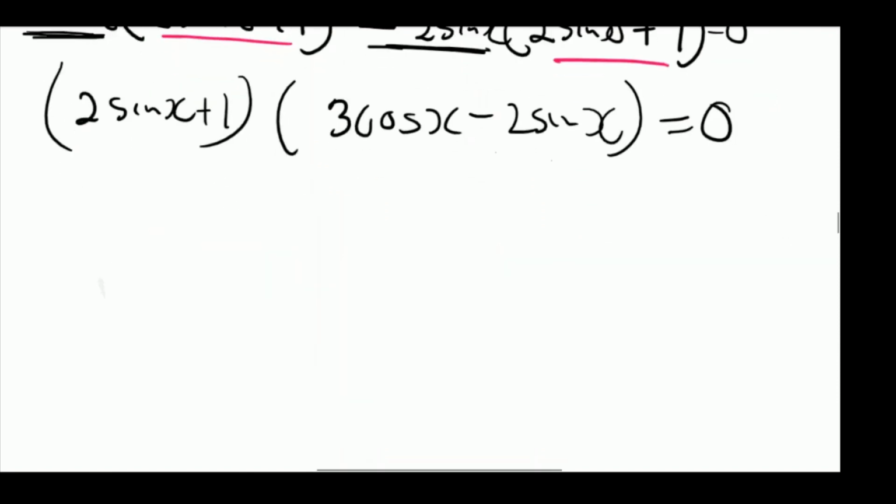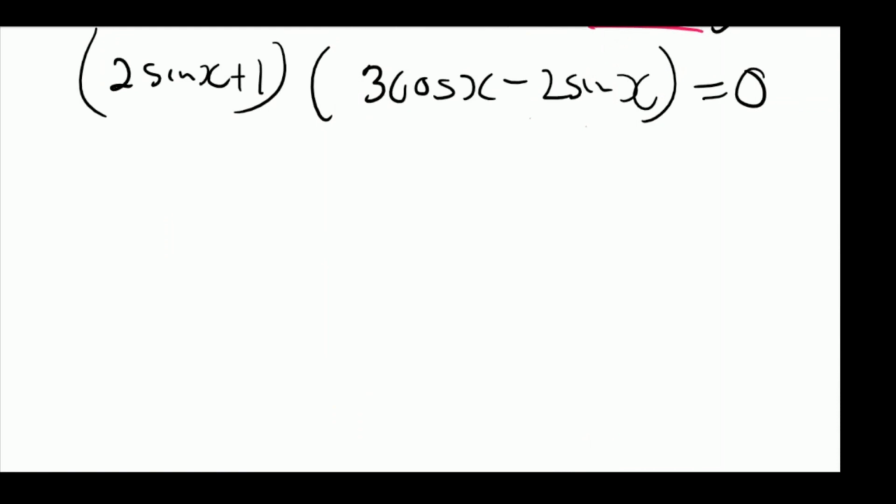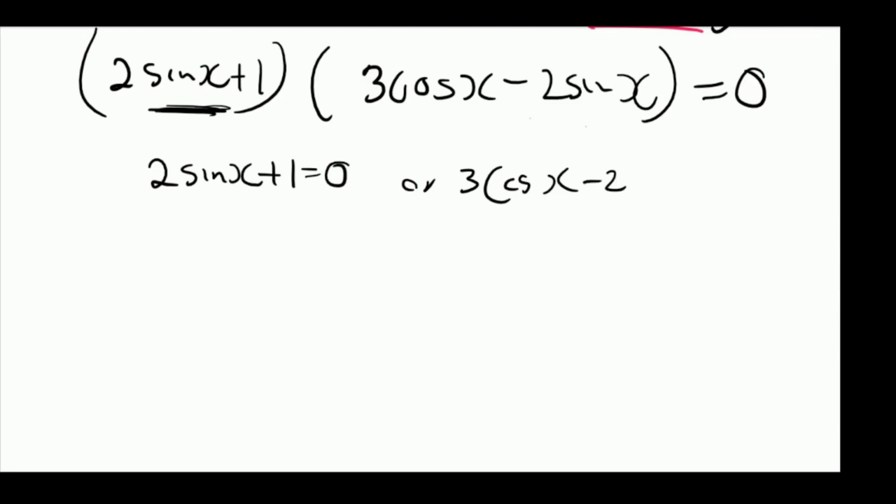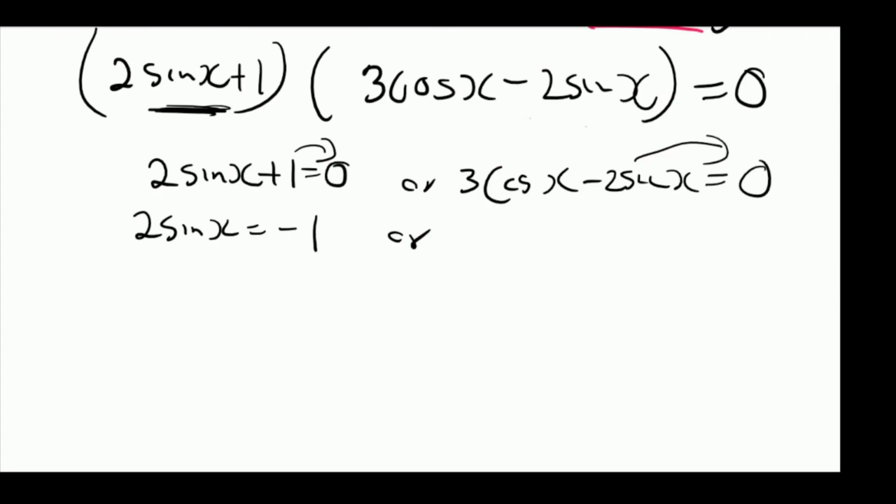Now we have this expression here. Remember, we want to solve for x. So this first expression, we're going to say 2 sine of x plus 1 is equal to 0, or 3 cos of x minus 2 sine x equals 0, right? So we're going to transpose this to the other side. You have 2 sine of x equals minus 1, or here we transpose the minus 2 sine of x, so 3 cos of x equals 2 sine of x, right?